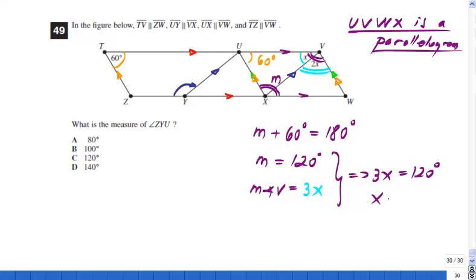What is your x? x will be, I'm sorry, 120 divided by 3, which is 40 degrees. Okay.